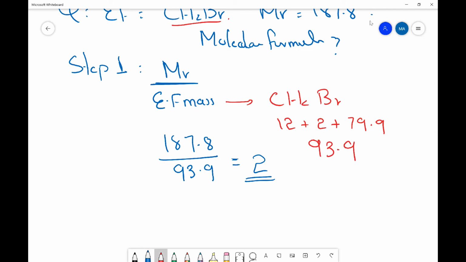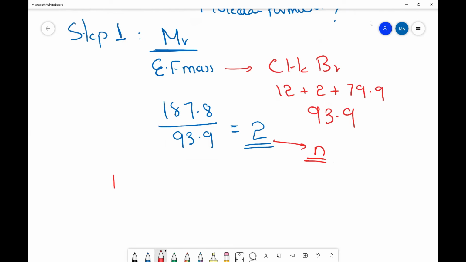This is very important. This is n. Why? Because the molecular formula is equal to n times the empirical formula.